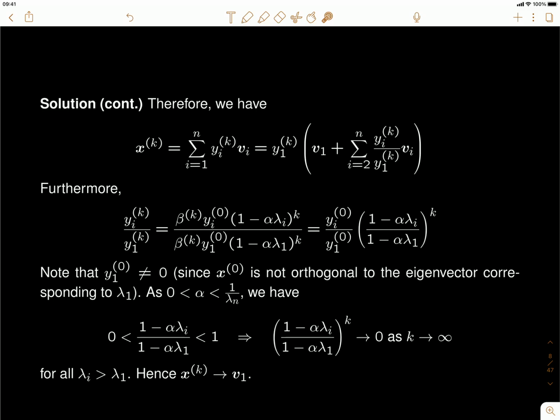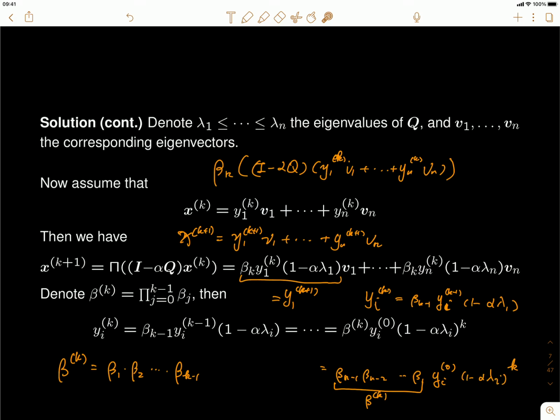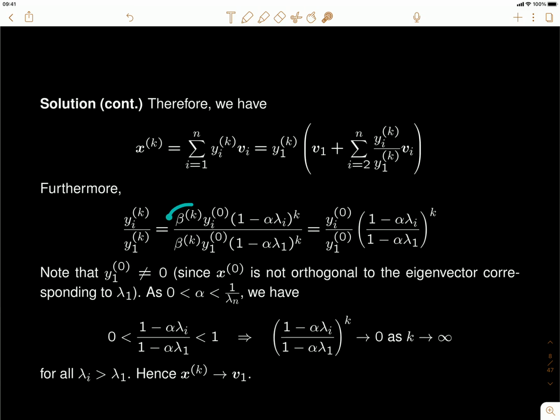Okay, and then we can see that the ratio here, according to our derivation for the yi case, the yik is equal to that. So that's why I substituted back in here. The y1k is just the same thing, where we have the y1 here. And now I have this ratio, and this will be cancelled, right? And then this y10 will be kept here. And this, we can combine the ratio and then put the power outside, and then we have that.